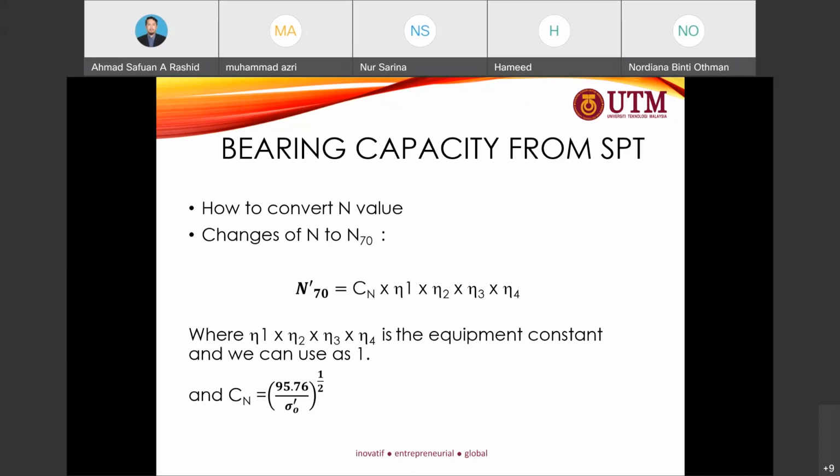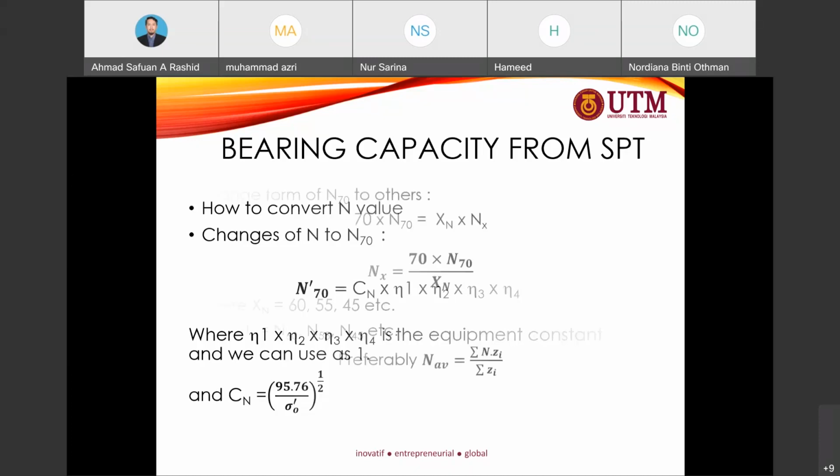The Cn is given by the equation 95.76 over the effective vertical stress, to the power of 1 over 2, or it is a square root.